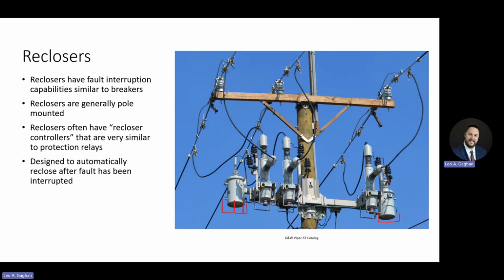And we can see here current comes into one side, kind of through here, goes up through and out that way. And the interrupting device is right in here. Let's see, can we see the CTs come off of these? It's tough to see. Okay.